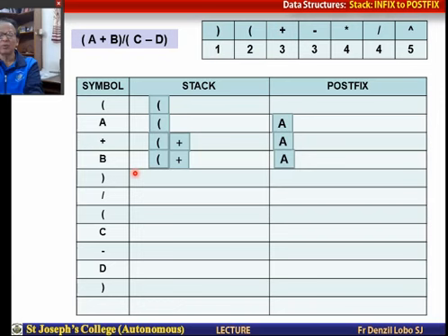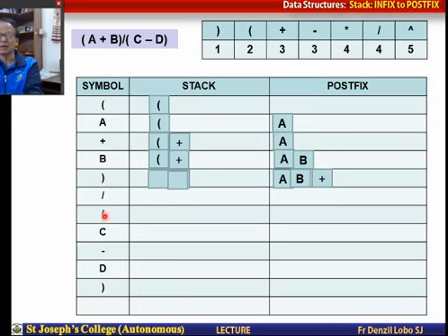Then next is an operand again, B. Naturally, the operand will go onto the postfix. Then I come to the right parenthesis. If there is a right parenthesis, I just pop the operators till I come to the left parenthesis. So this is what I do.